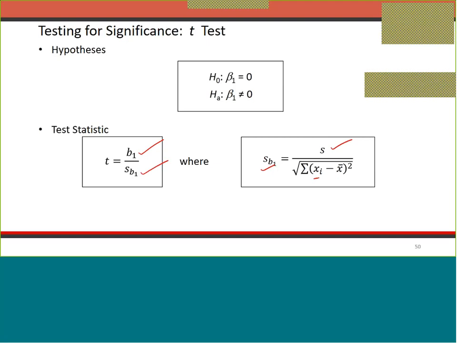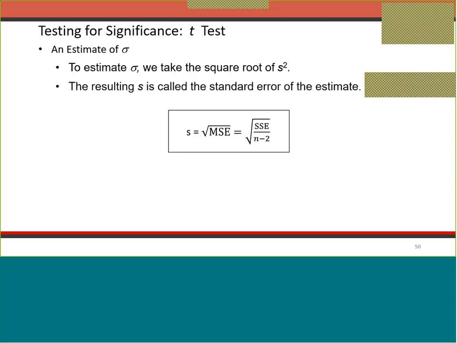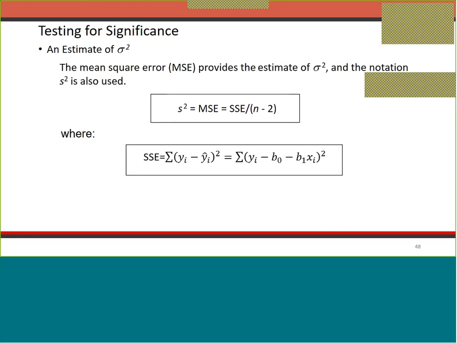How do you calculate s? s is based on the sum of squares due to error. Do you know how to calculate the sum of squares due to error? It means summing all squares of deviations. What are the deviations? Observed value minus expected value.